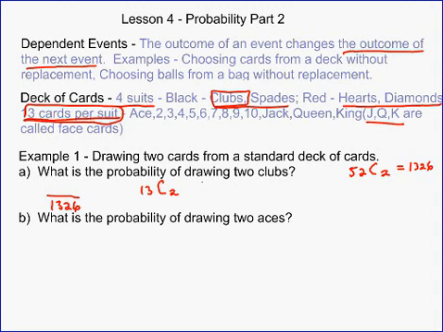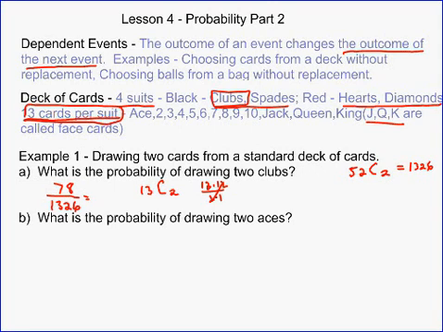So 13 choose 2 is just going to be 13 times 12 over 2 times 1. And so it's going to be 13 times 6, which is 78, over 1,326. You need to simplify this.